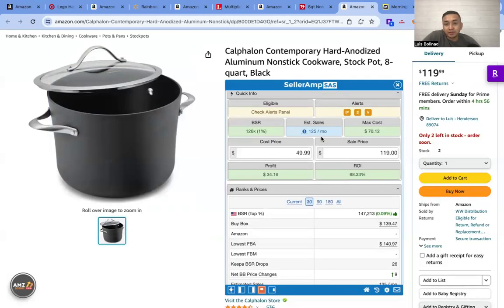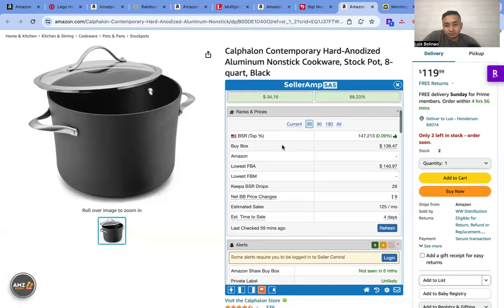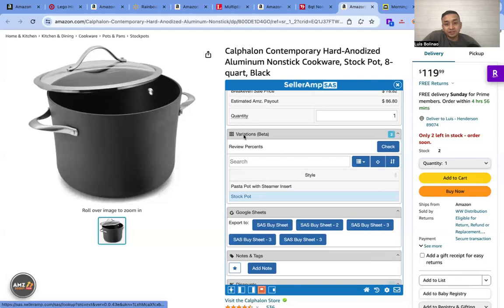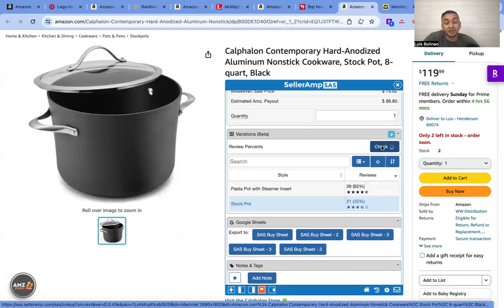And your sales per month is at 125. But then there's a variation, right? So if you go here, it says estimated sales are shared across all variations. So if there's a variation, you go to your variations tab right there and check it to see the exact sales per variation.